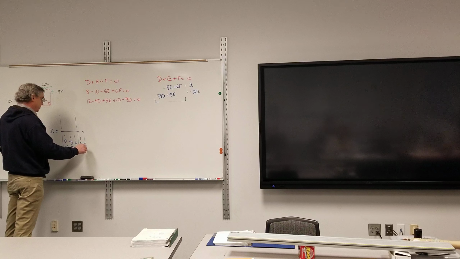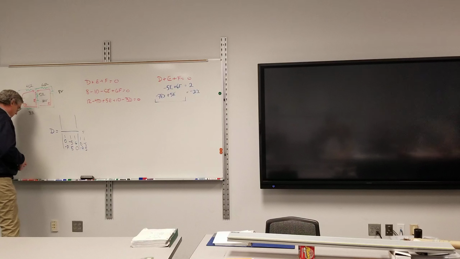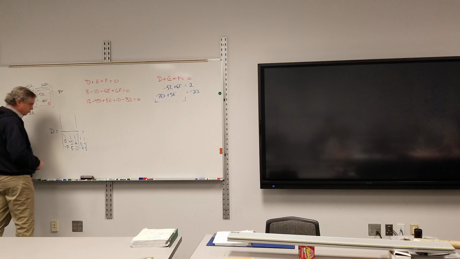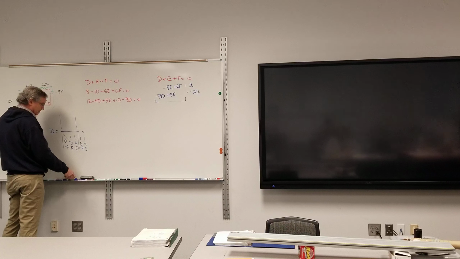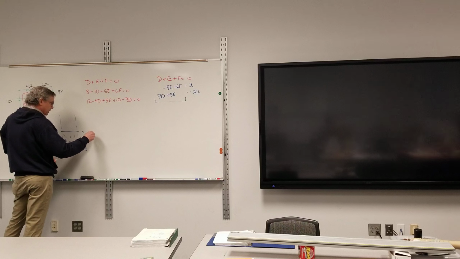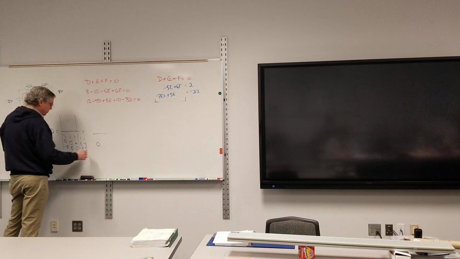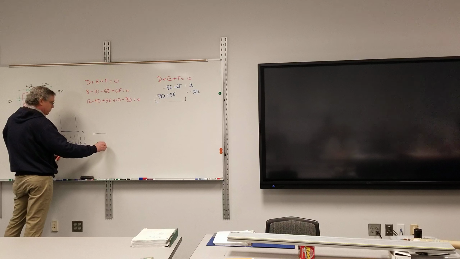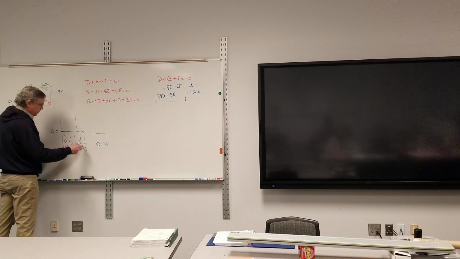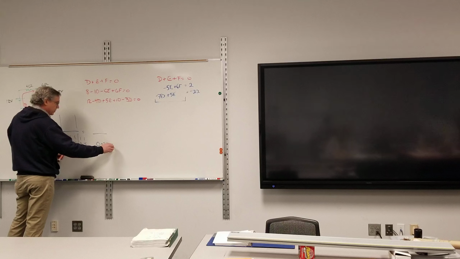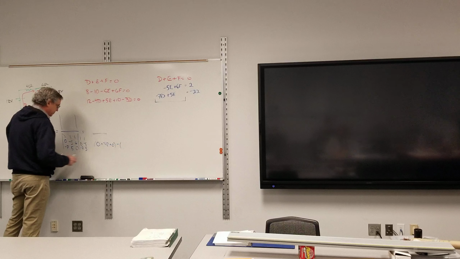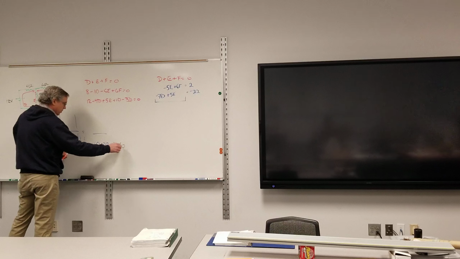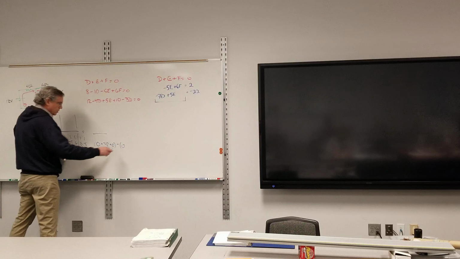1, -5, 5. So I multiply those together. So 0. And multiply those together. Plus -42. And multiply those together. Plus 0. Minus. Multiply those together. 0. Those. Plus 30.